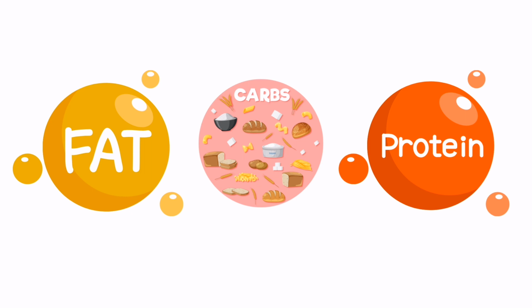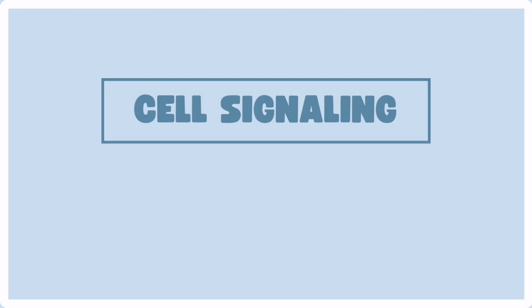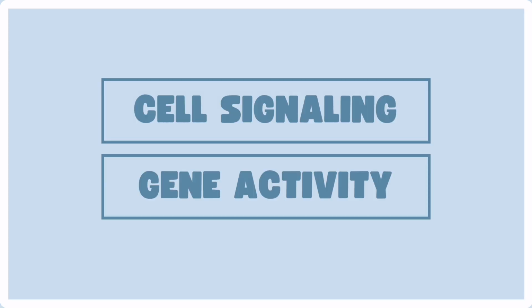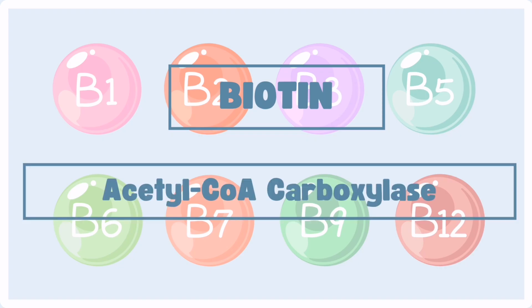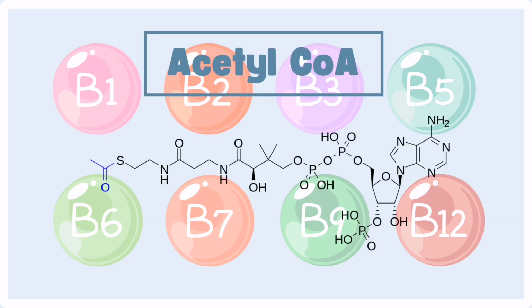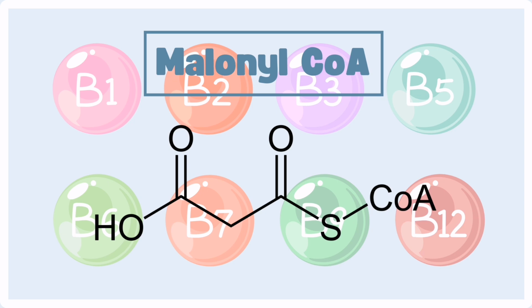It also aids in the regulation of cell signaling and gene activity. Biotin is a cofactor for carboxylase enzymes such as acetyl-CoA carboxylase, which converts acetyl-CoA to malonyl-CoA, and so plays an important part in fatty acid production.